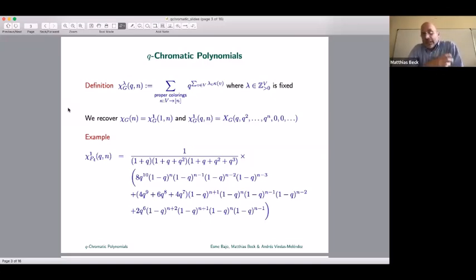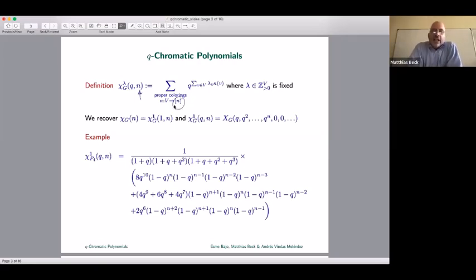Then I take this finite sum over all proper colorings, weighing each coloring by q to the linear form evaluated at the coloring. I still have the same parameter n as in the chromatic polynomial, which tells me I'm going over n colors.